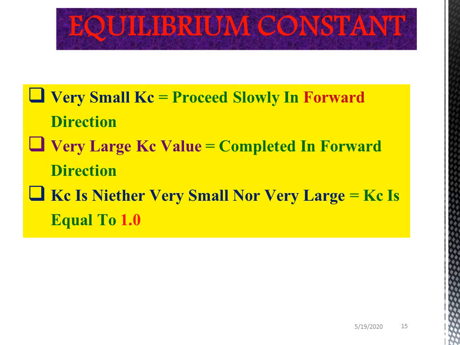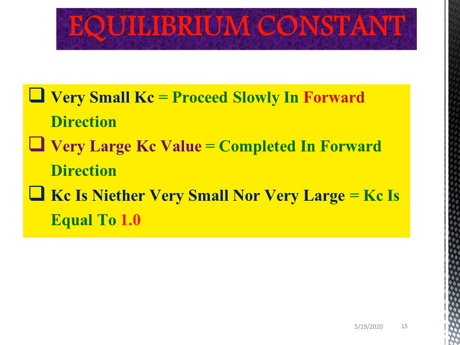So the equilibrium mixture will consist almost entirely of products, and the reactants will be in small amount. So this indicates the reaction goes to completion in the forward direction, meaning that products are formed completely in the forward direction.